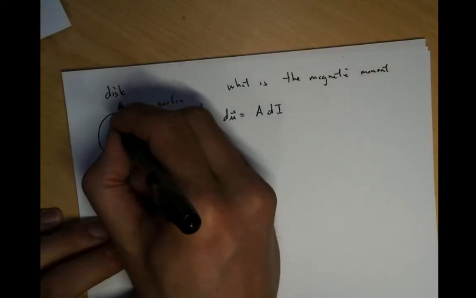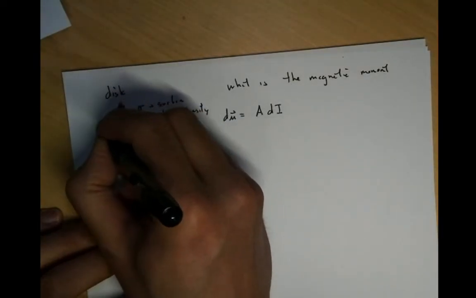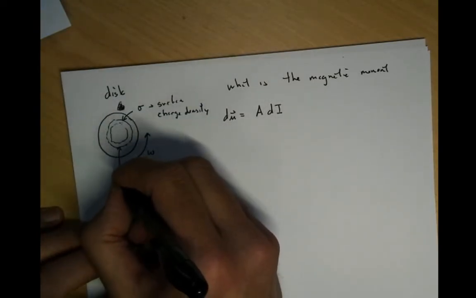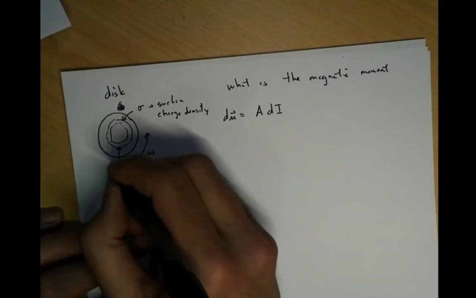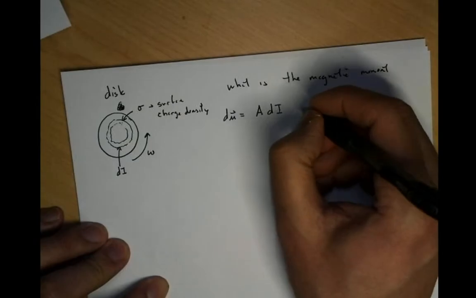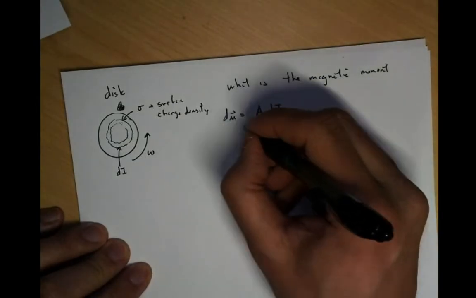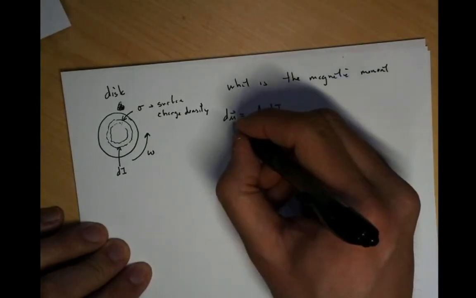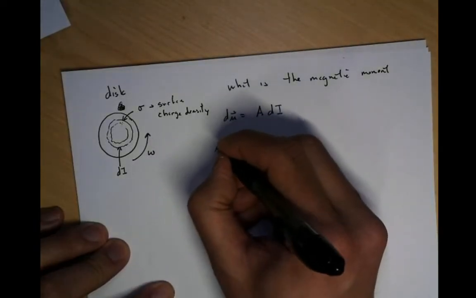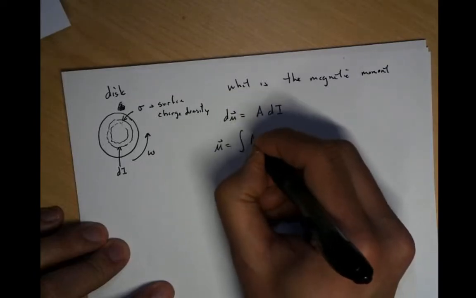Imagine you break it into tiny rings, and each ring carries a current di in it, and this has some area inside of it. So the differential magnetic moment is this. The magnetic moment mu is going to be the integral of A di.